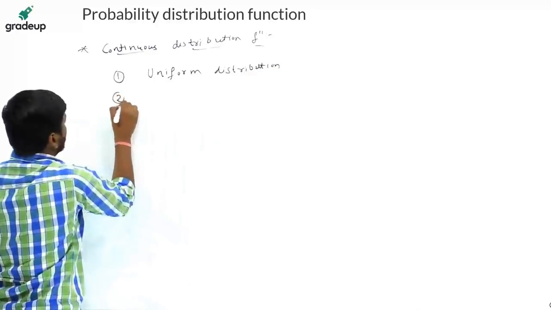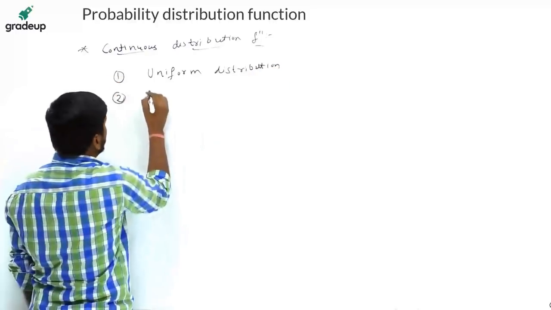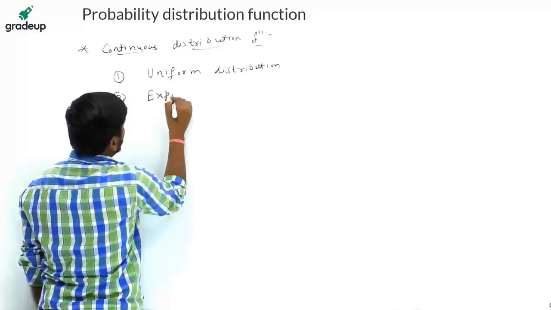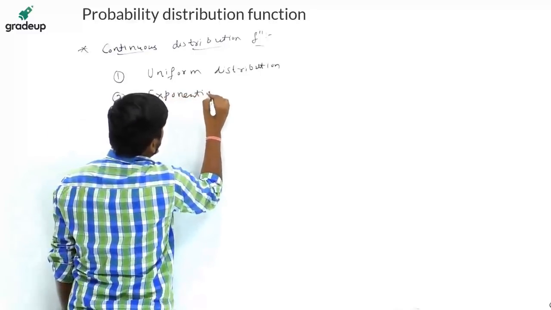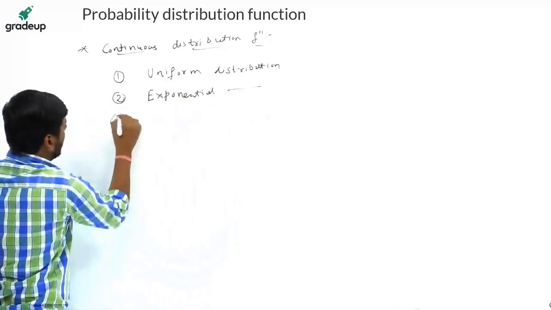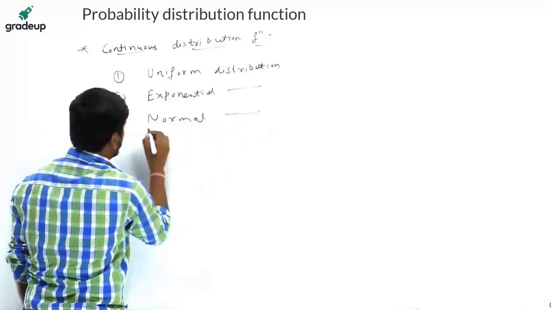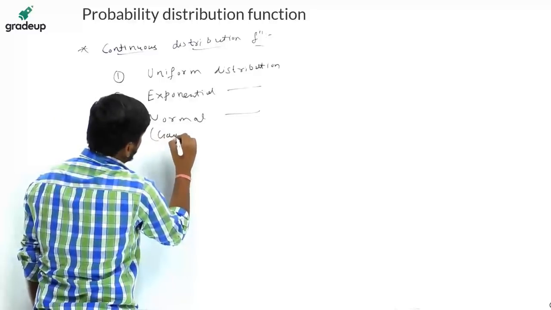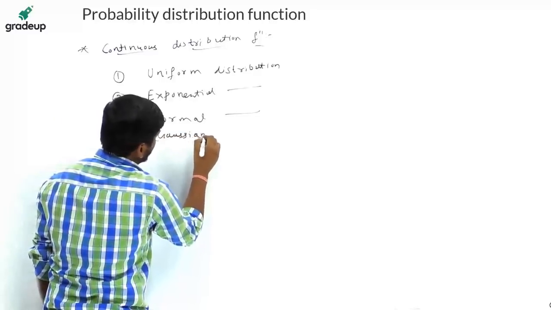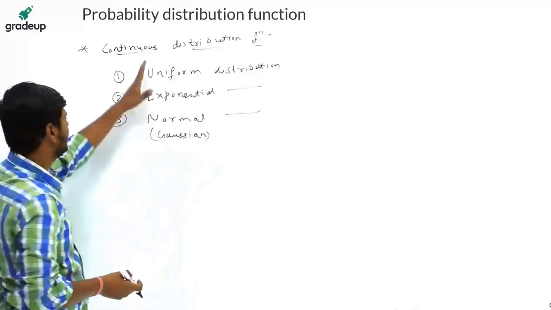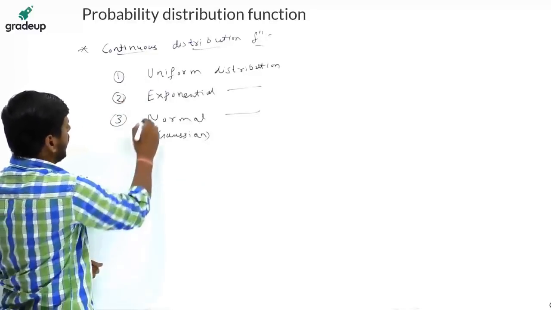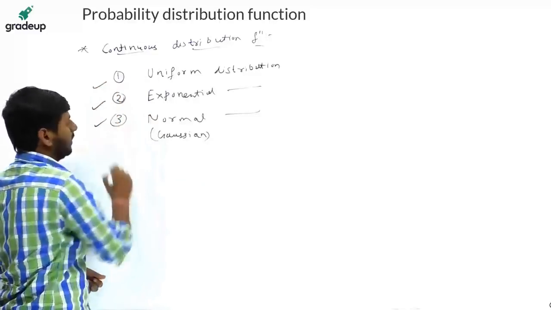Second is exponential distribution, and third is normal distribution. Normal distribution is also known as Gaussian distribution. So we will see these three distributions one by one, and all these three are the important ones.